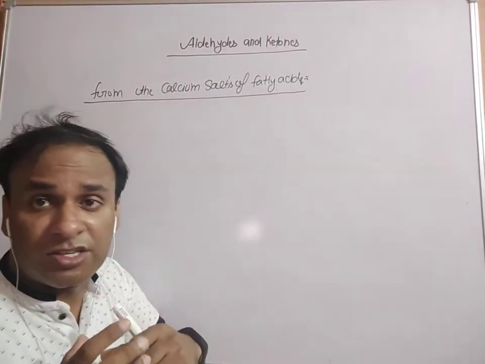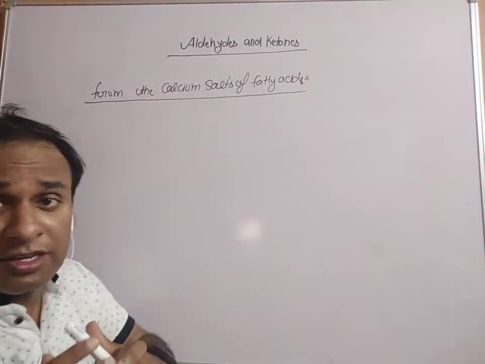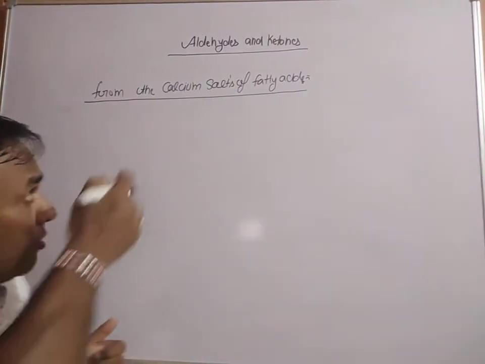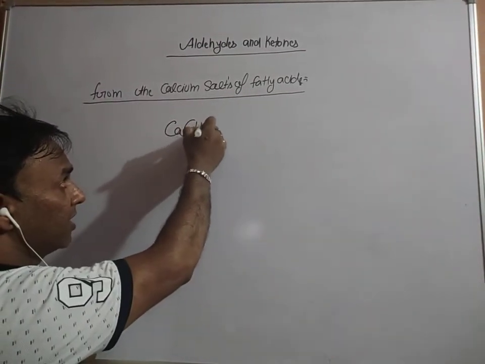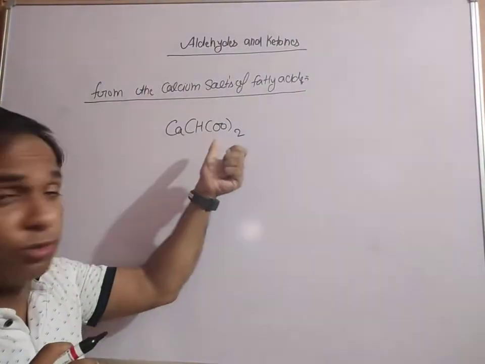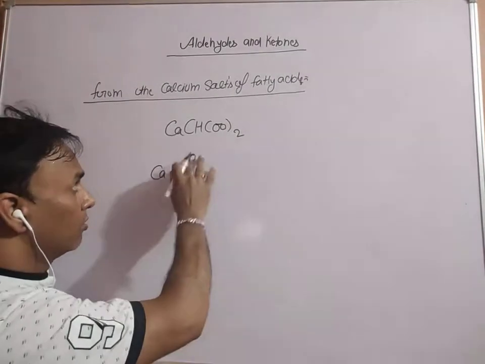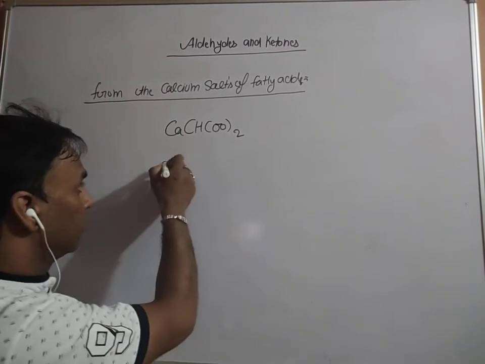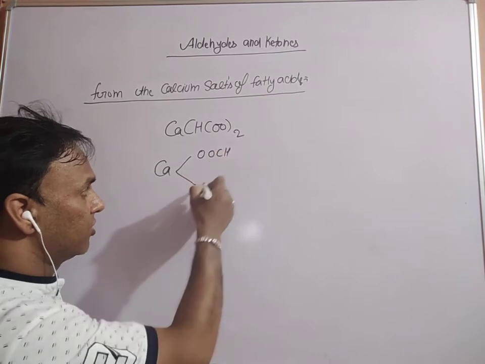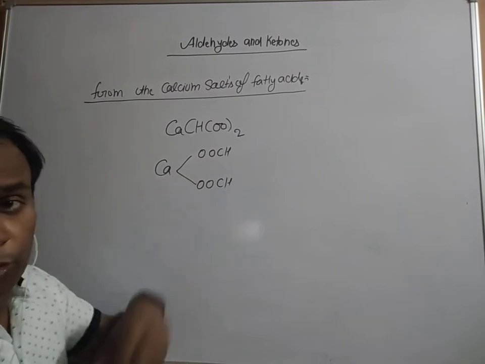And the next method is the calcium salt of fatty acids. When the calcium salt of a fatty acid is distilled, for example calcium formate, the formula of calcium formate is Ca(HCOO)2, written as HCOO whole twice.